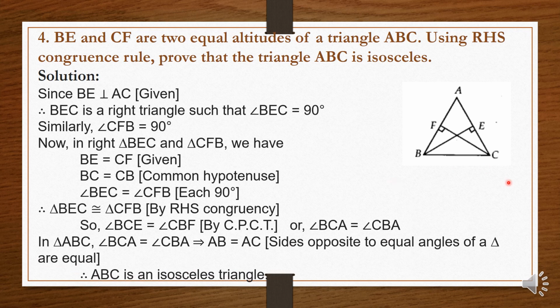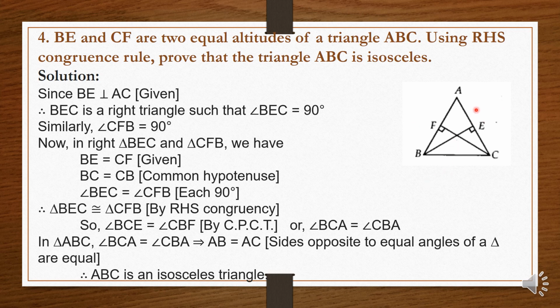Since they are congruent, therefore we can say by CPCT, angle BCE is equal to angle CBF. BEC is right, BCE is here, and CBF is right over here, that is angle C and angle B. Since these two are equal, therefore their opposite sides are also equal.